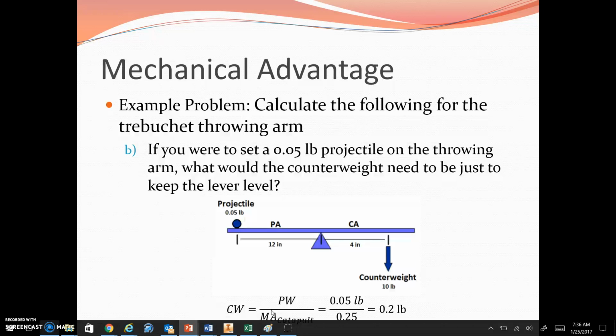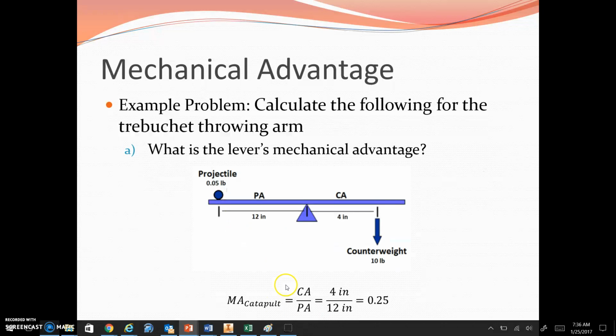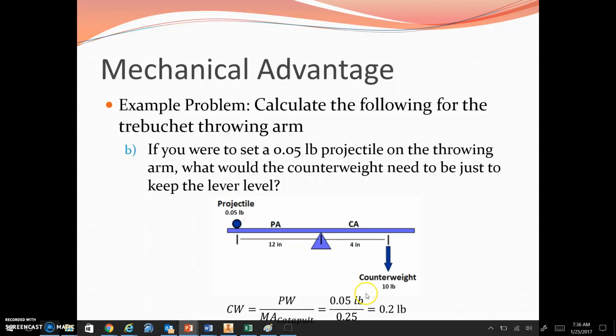So the weight of the projectile is 0.05 pounds as given, and then the mechanical advantage you found on the previous part A, 0.25. Plug that in, you get 0.2 pounds. So this would actually have to be 4 times the amount of weight just to keep it level. So that's why you want to put something much heavier, like 10 pounds on this side.